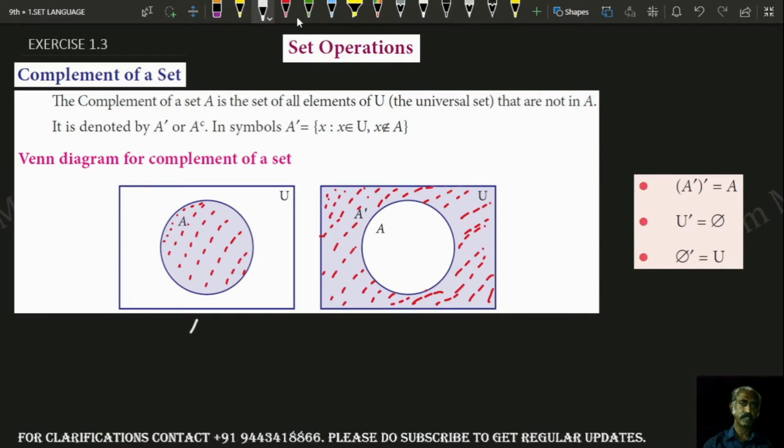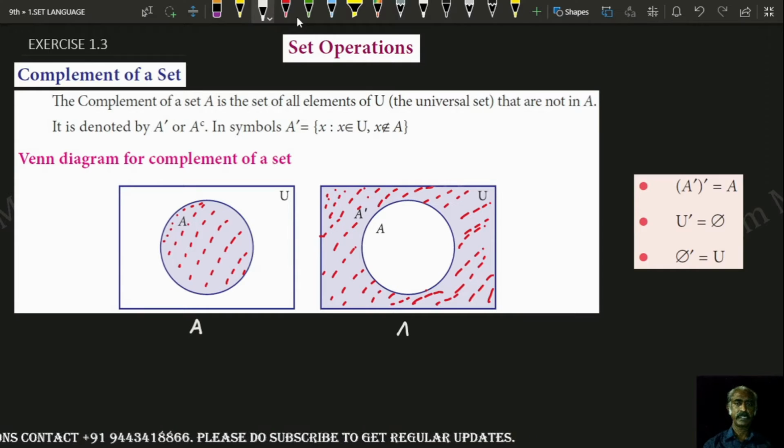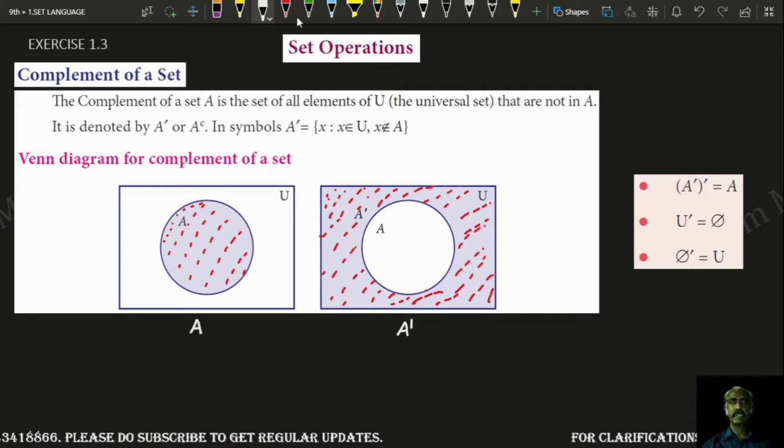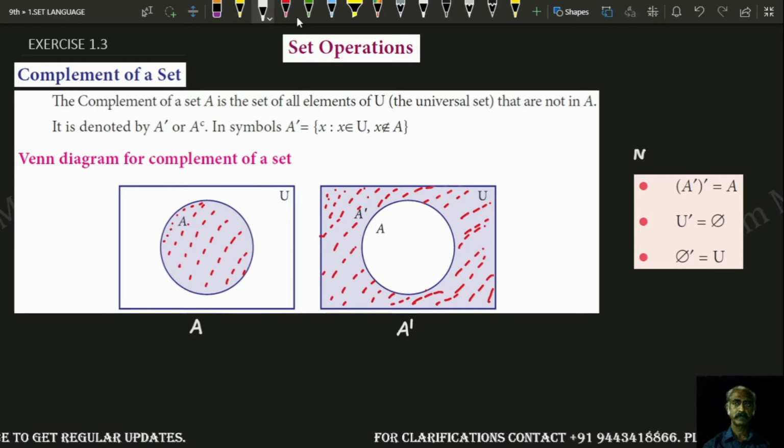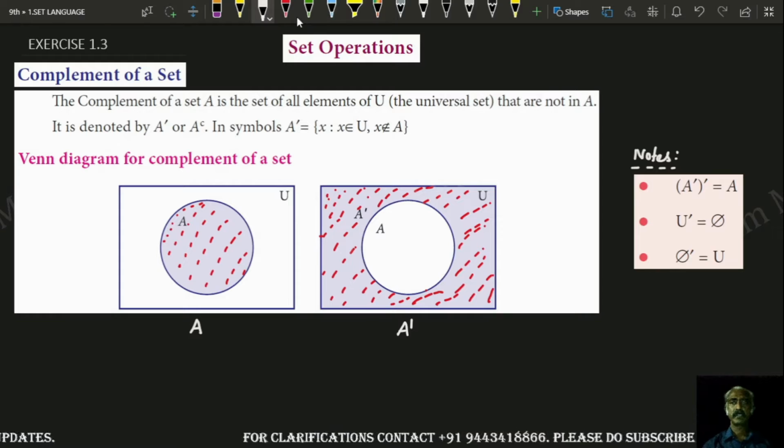The first diagram represents A and the second diagram is A dash. Suppose you are taking A dash whole dash, it is equal to A itself. That is the note. Just remember this: the first one, A dash the whole dash is equal to A.